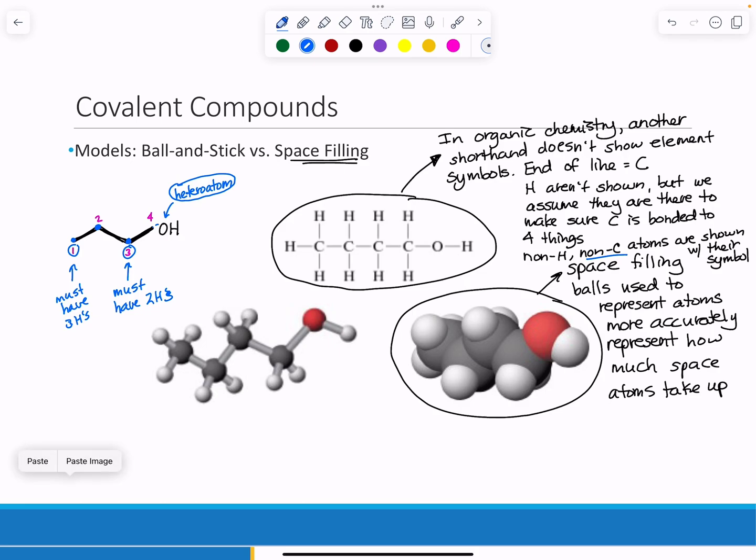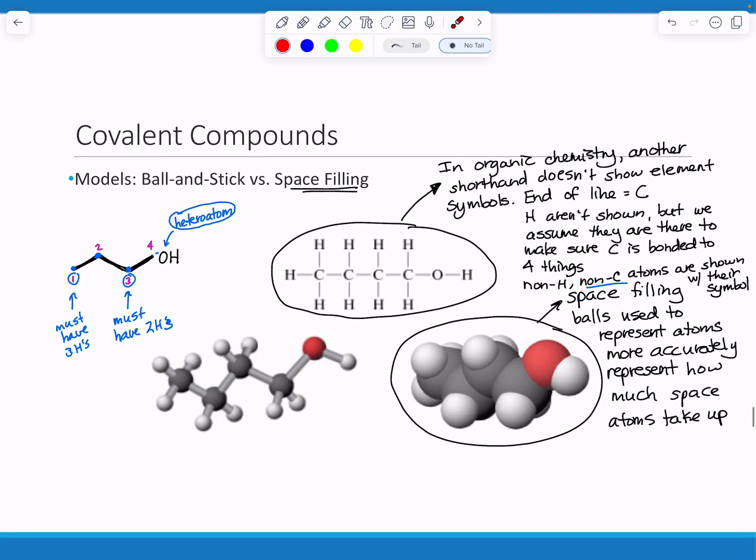All right, so let's talk about naming covalent compounds. Now, there is a whole language for naming covalent compounds, particularly organic compounds, as the molecules get larger and larger. However, it's very complicated, and it's part of the language that you learn in other chemistry courses.